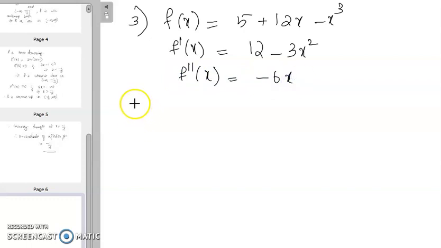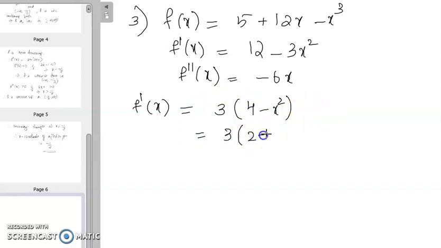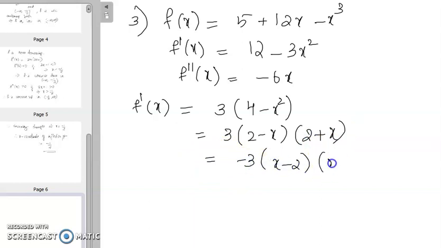So first let us find out f dash of x. I can write f dash of x as 3 into 4 minus x square. So that is equal to 3 into 2 minus x, 2 plus x. So that will be minus 3 into x minus 2 into x plus 2.